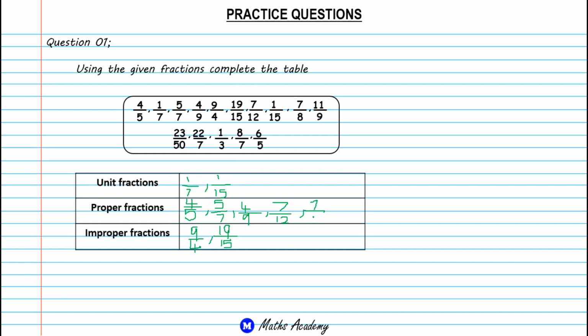And 11 over 9 is an improper fraction because 11 is greater than the denominator, that is 9. And 23 over 50 is a proper fraction because the numerator is less than the denominator.